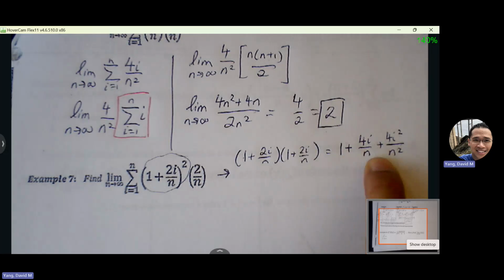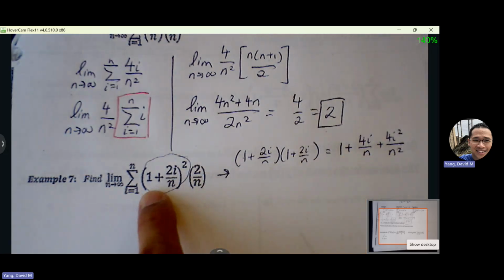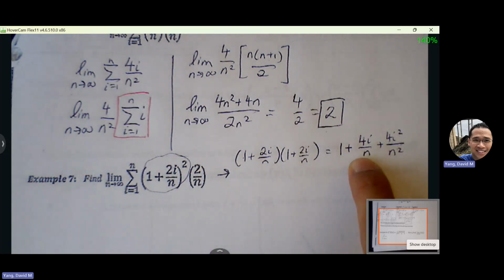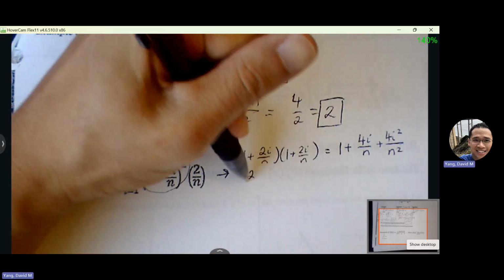Okay, so this is the result of me expanding that binomial squared. And now I'm going to distribute that 2 over n through.